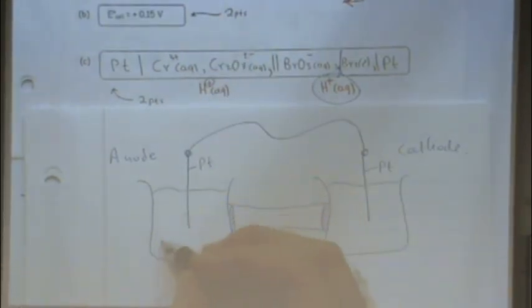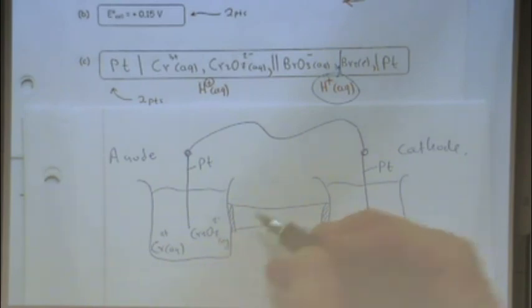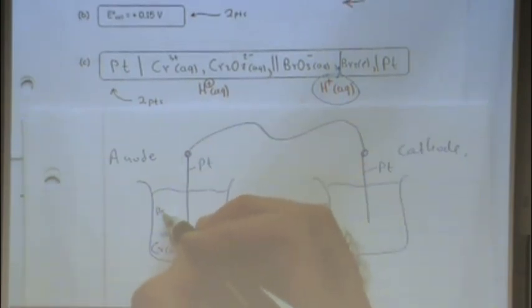So I'm going to put chromium 3 plus aqueous, dichromate, and hydronium ions. All these three should be there.